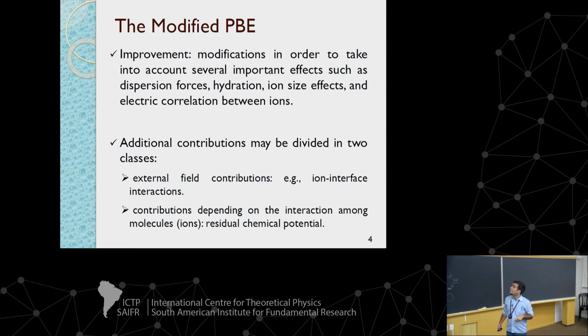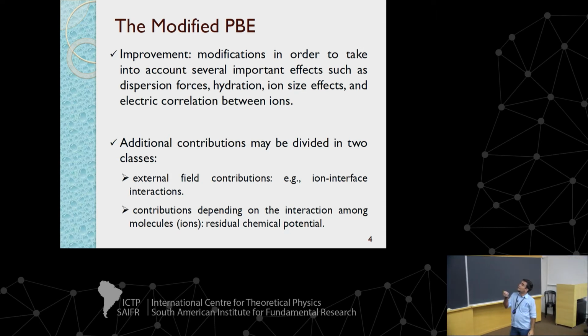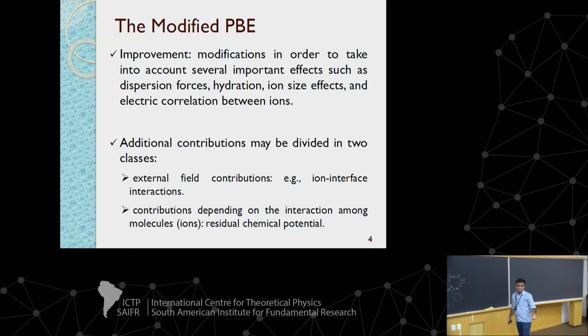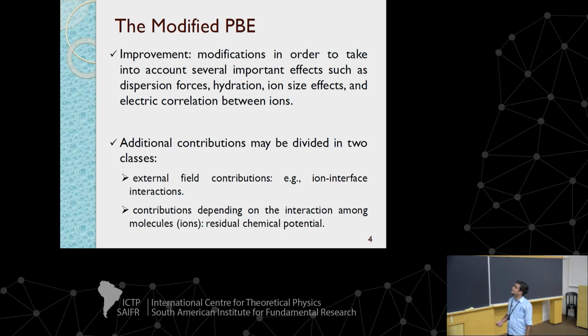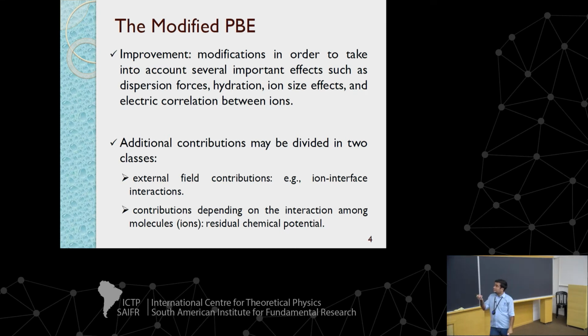And also, we are going to see somehow how to try to introduce the electric correlation between ions in the Poisson-Boltzmann theory. We're going to discuss this strategy. And these additional contributions that we're going to study today can be divided in two classes of contributions.